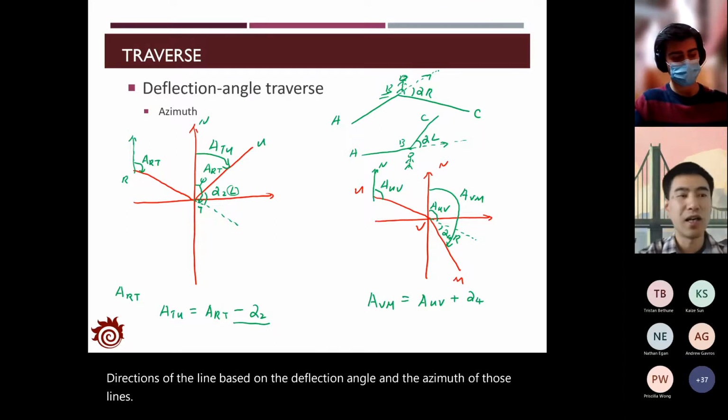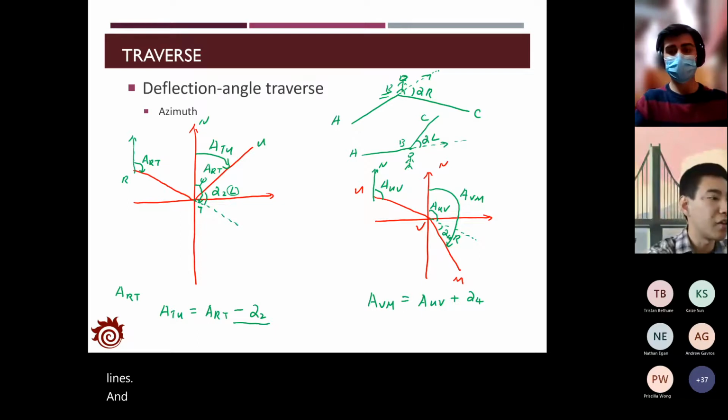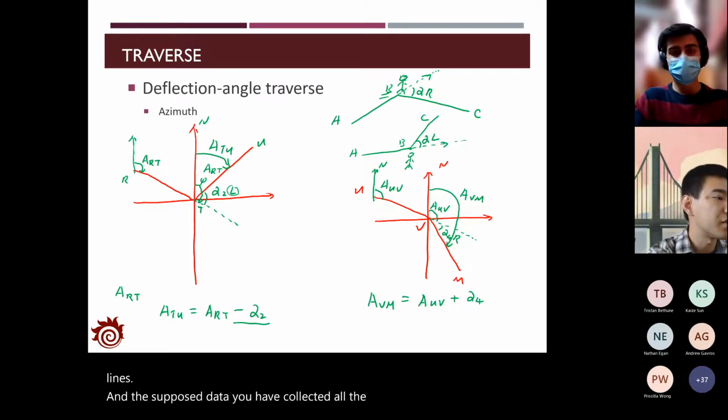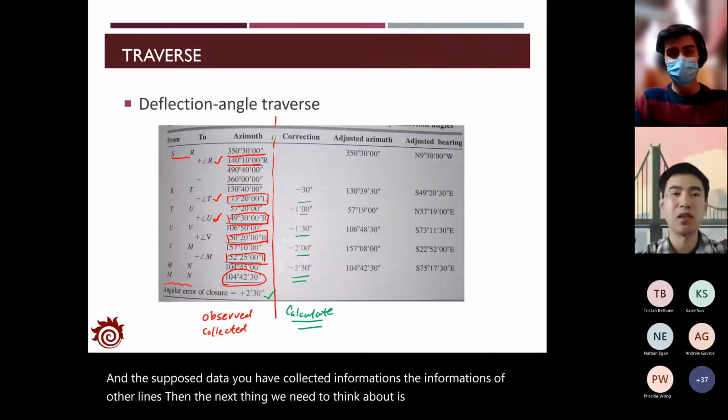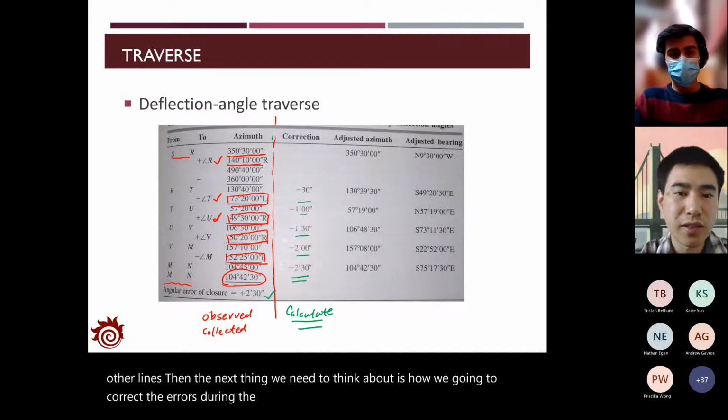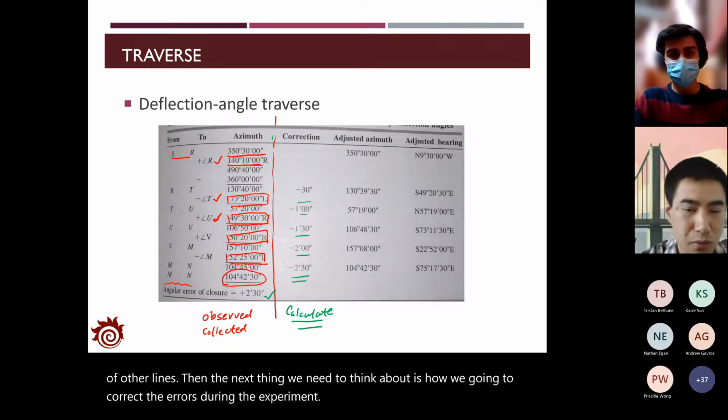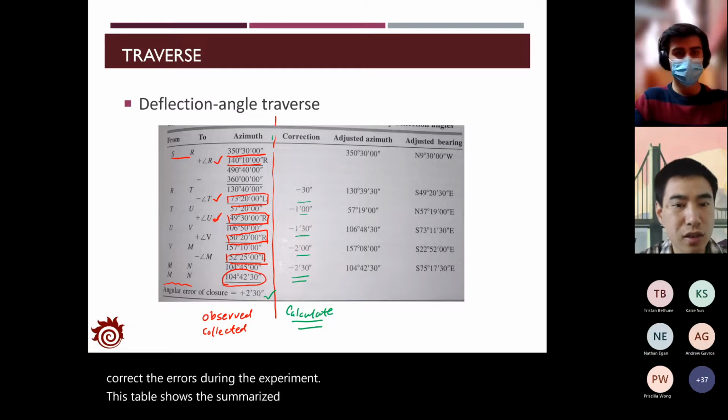And suppose that we have collected all the information of all the lines. Then the next thing we need to think about is how we're going to correct the errors during the experiment. This table summarizes the information that you're going to observe during the traverse.